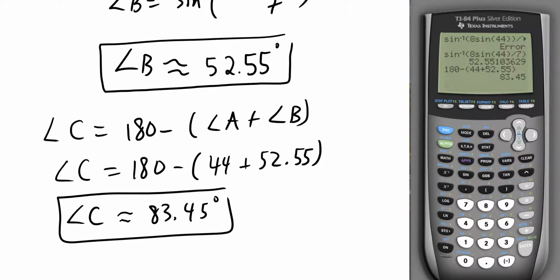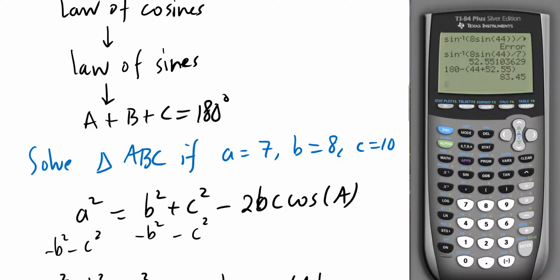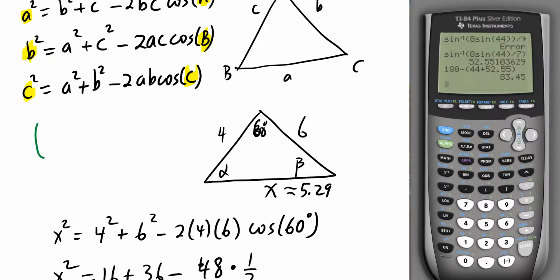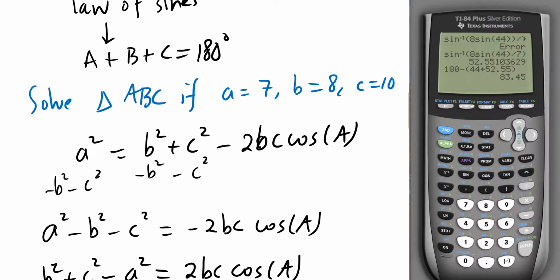So what I did, they gave me three sides, and I found the three angles. So what did I actually work out here today? I worked out the first case, this was what we call the SAS case. The SAS case doesn't work with law of sines, so we need the law of cosines. And the next one I did here is the SSS case.